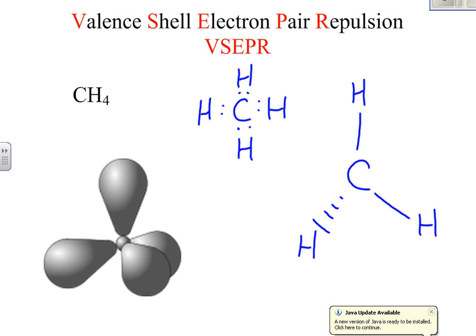And that's shown with the dashed lines coming out of the board. And 1 bond going back into the board, or behind the board. That would be shown as a solid wedge. So this gives you kind of the perspective of the 3-dimensional shape.